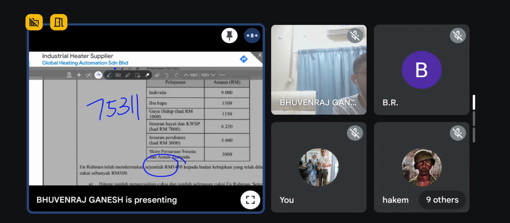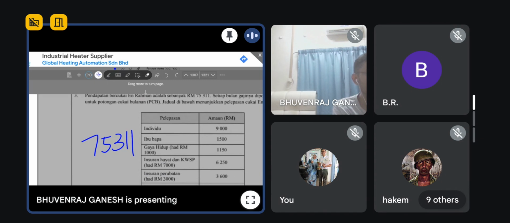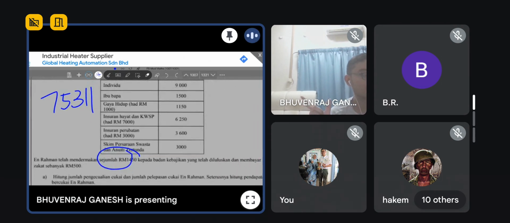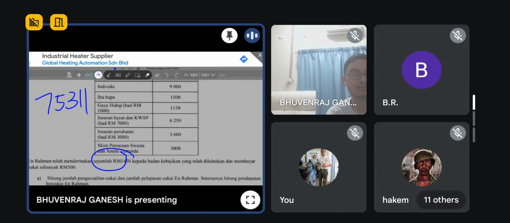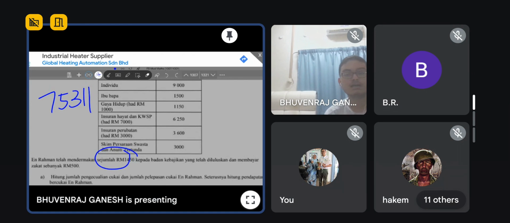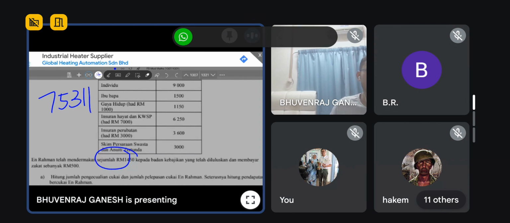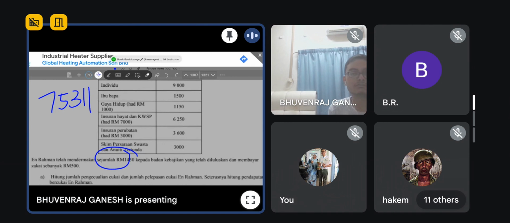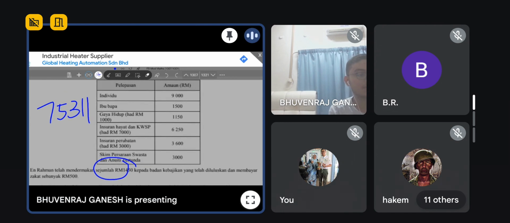So now, let me see. What is your total tax exemption now? Can anyone tell me? Apakah jumlah pengecualian kamu kat sini? Pengecualian cukai, total tax exemption, and total tax relief also. One shot. You can count using all the values here.